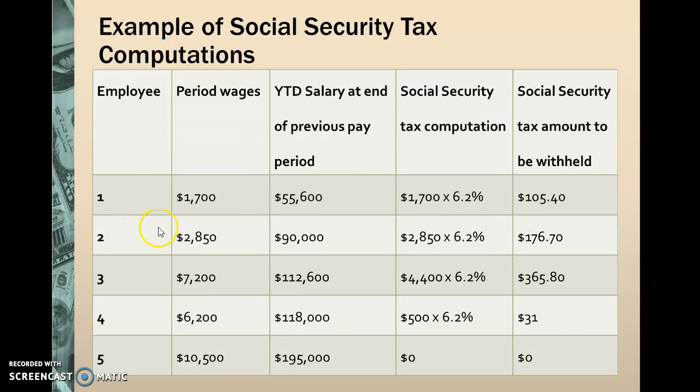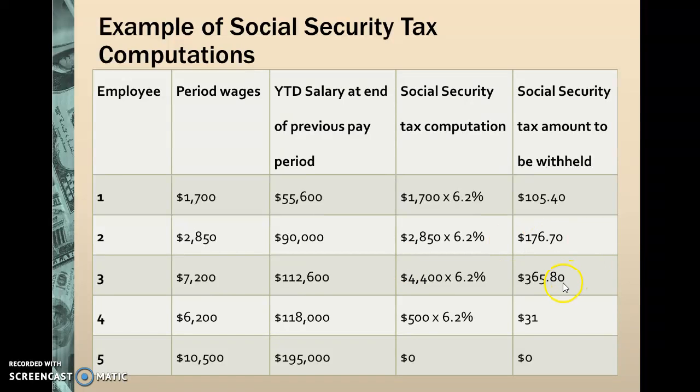For employee number 3, as you notice, their year-to-date salary at the previous pay period is $112,600. Remember, the threshold is $118,500. So $118,500 minus $112,600, the difference is $4,400. So that is the amount that's going to be taxed on the employee's payroll at 6.2%.